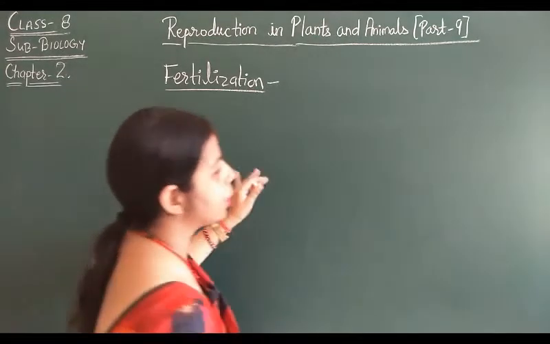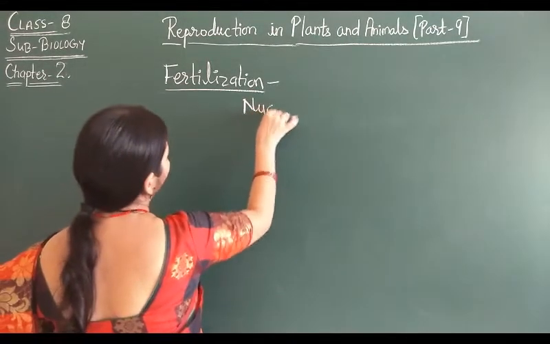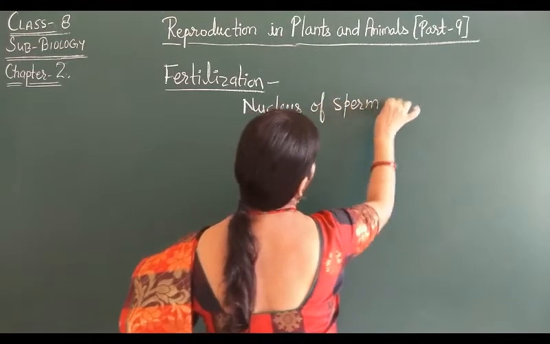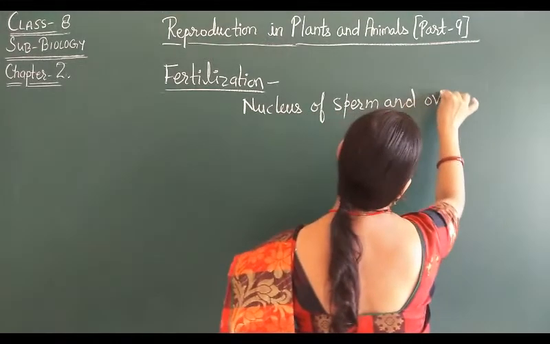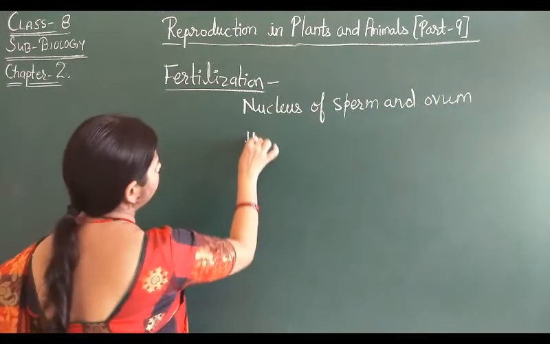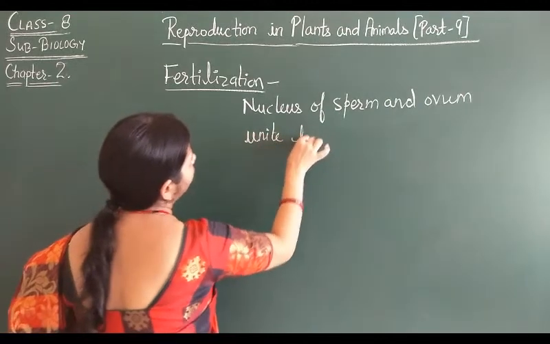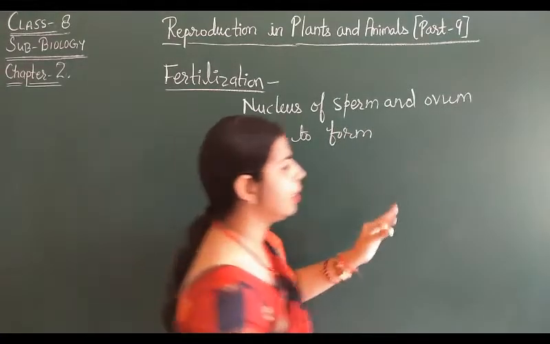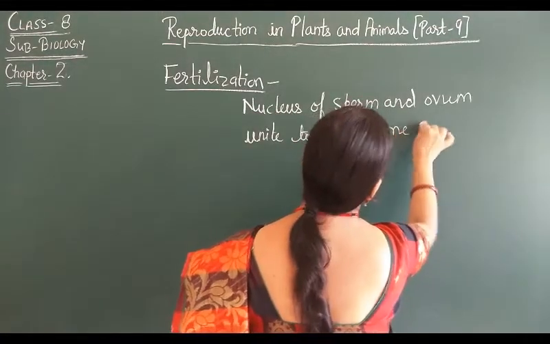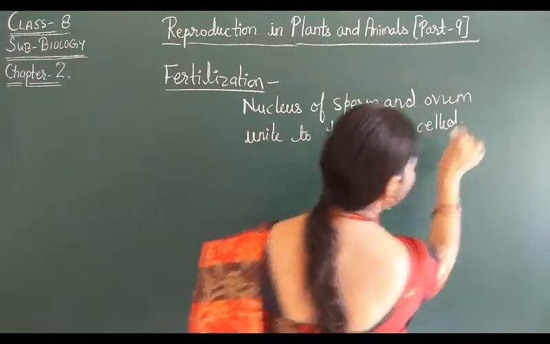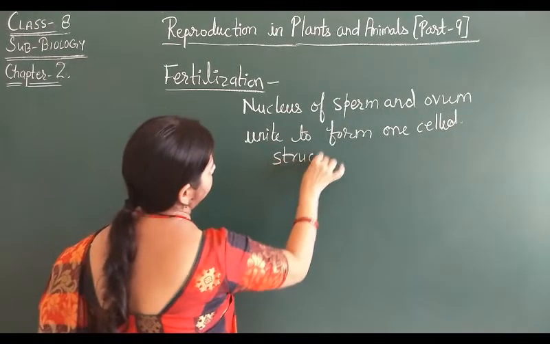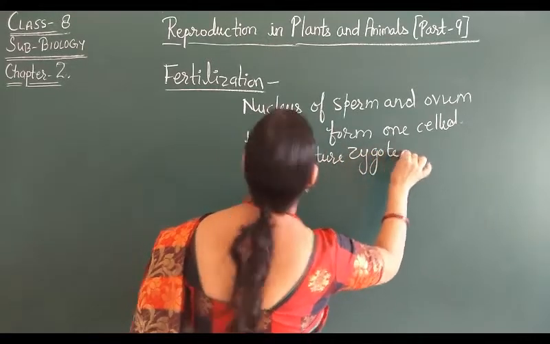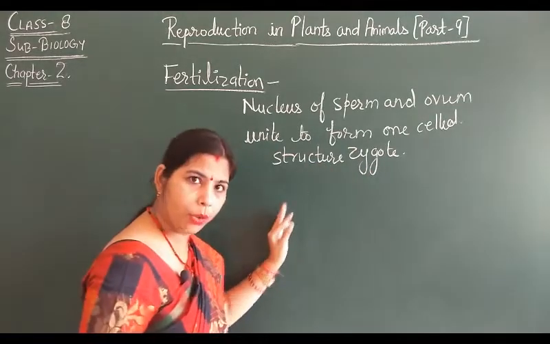That means in fertilization, the nucleus of the sperm and ovum unite to form a single celled structure, the zygote. So after fertilization the zygote is formed.